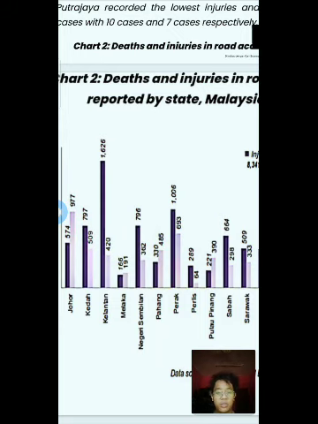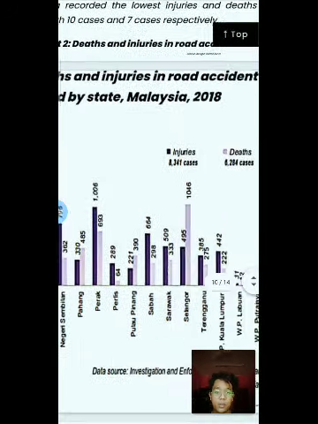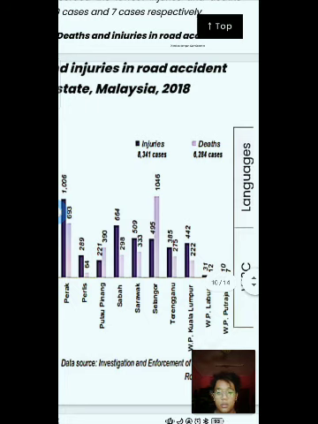But in Sabah, the injuries are 664, but the deaths are 298. In Sarawak, the injuries are 509, but the deaths are 353.